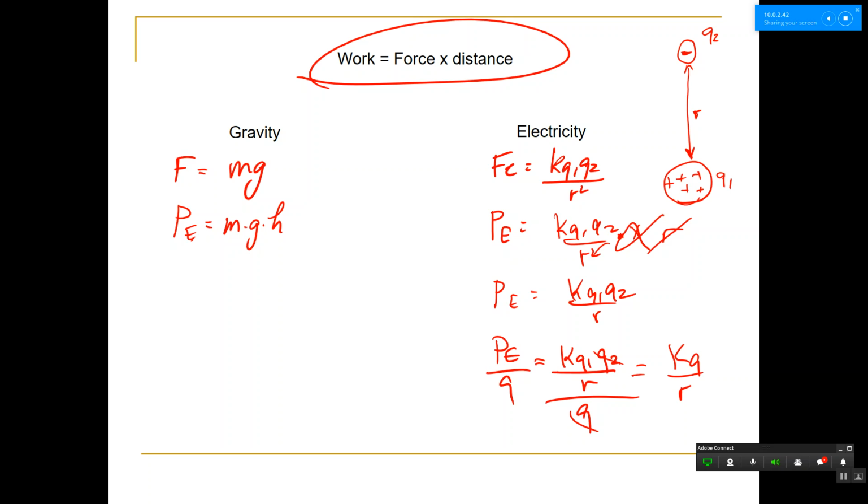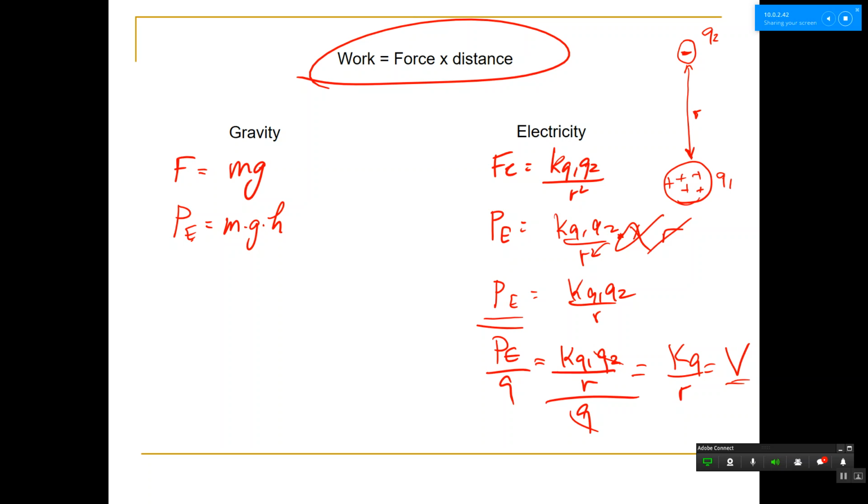So if I'm talking about this object, I can figure out what the energy per charge is anywhere around it. And that is actually what a volt is. We're going to call that electrical potential. So don't get confused: we have potential energy, and V as electrical potential, and that's measured in volts.